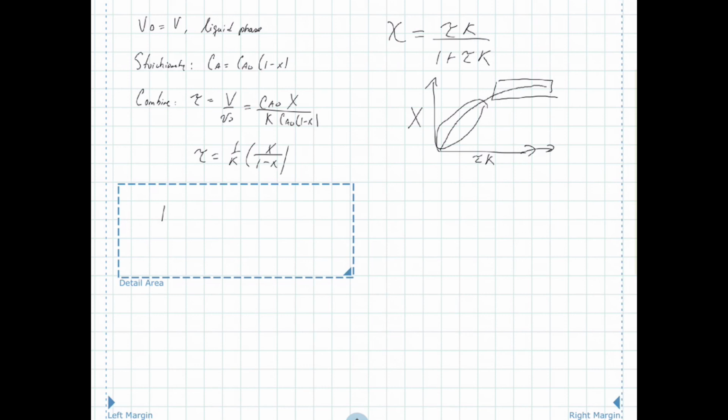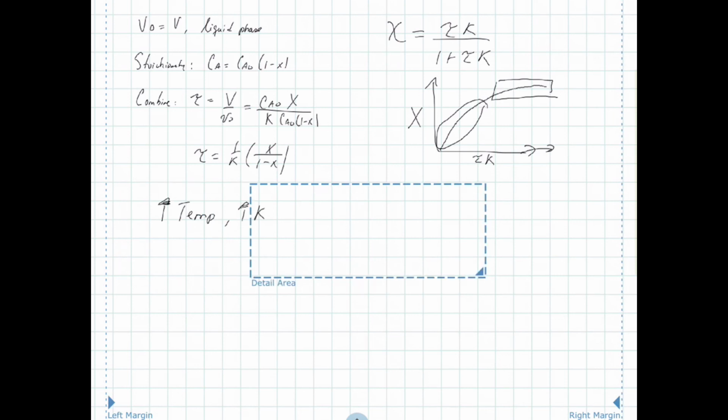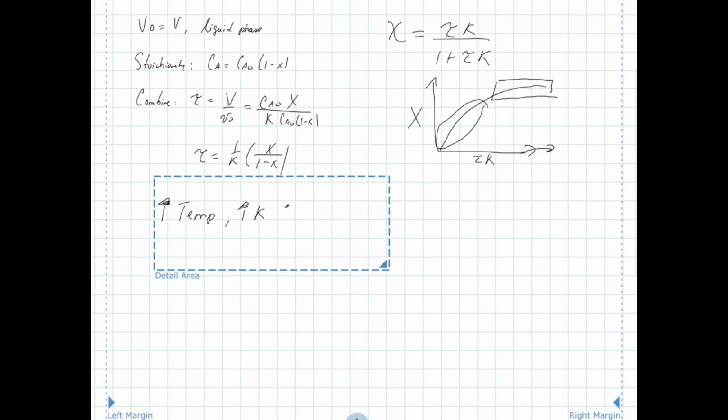So in conclusion, we can notice from the graph that if we have a higher temperature, we know that the specific rate increases exponentially. Therefore, the tau k value increases too.